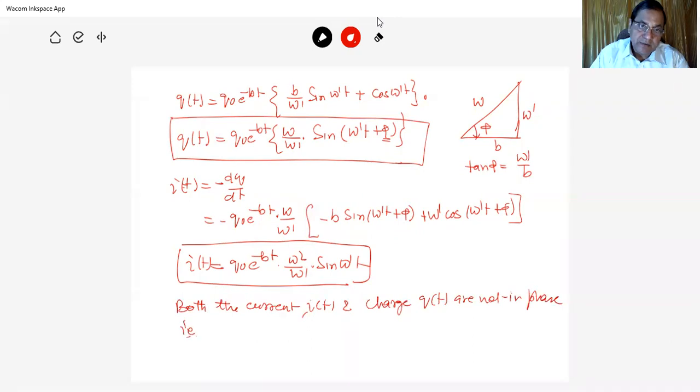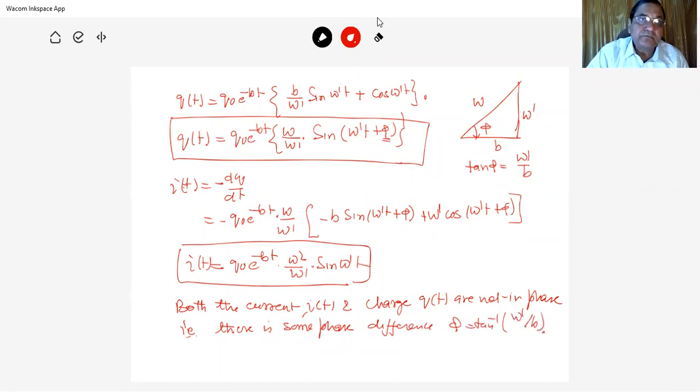That is, there is some phase difference, and that phase difference is phi, that is tan inverse omega dash by B. This is the phase difference.